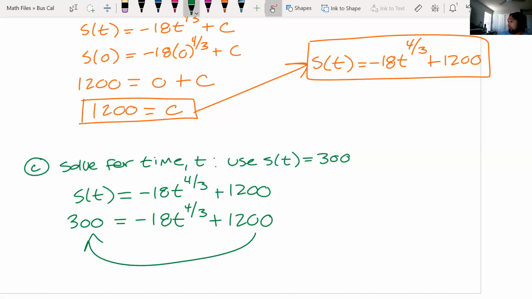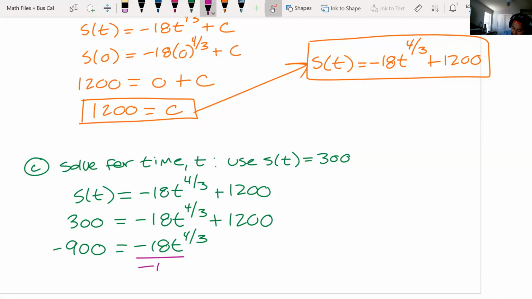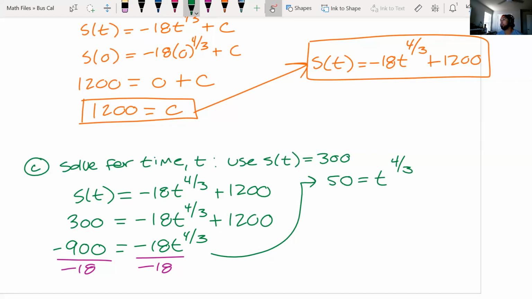Move this 1200 to the left by subtracting, and you'll get negative 900 equals negative 18 t to the 4/3. And then divide by negative 18. 900 over 18 is 50. You'll get positive 50 equals t to the 4/3.